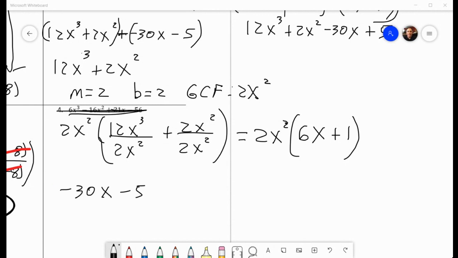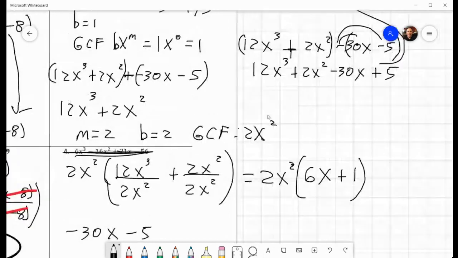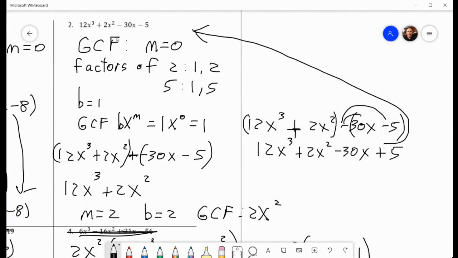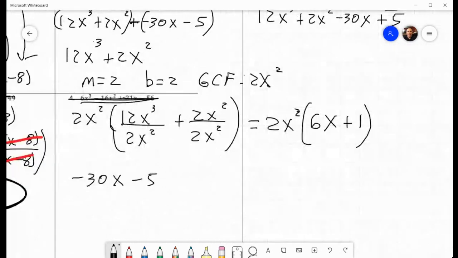You could probably see that anyway from the beginning, because if you went back to the original problem, you would see the second and the fourth term have opposite signs. The second term is plus 2x squared. The fourth term is minus 5. Because of that, we have to factor out a negative here.